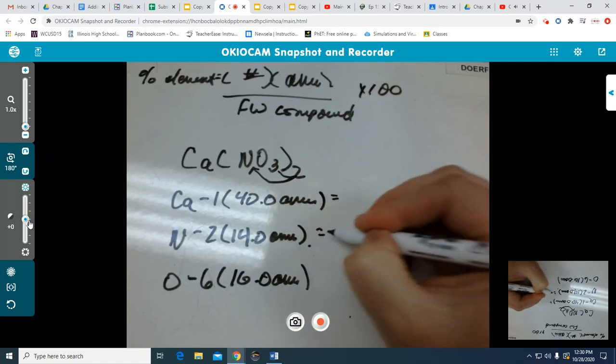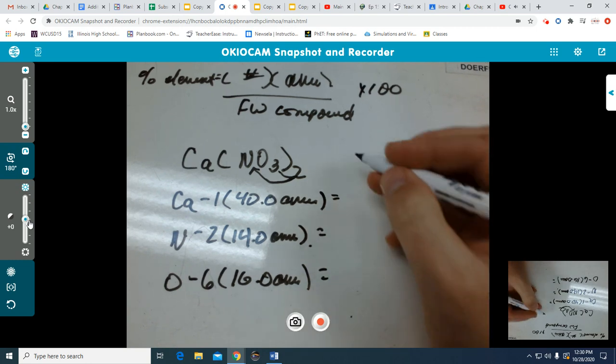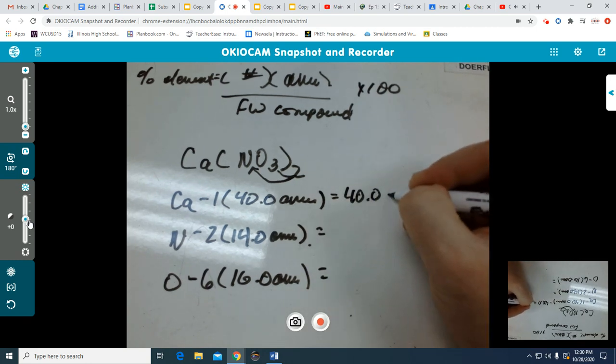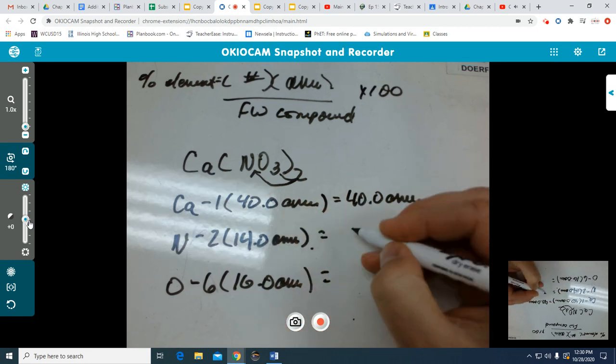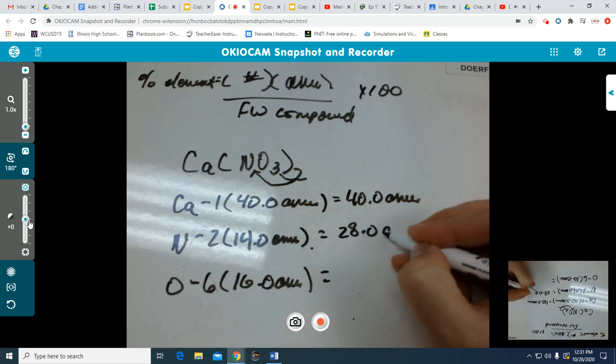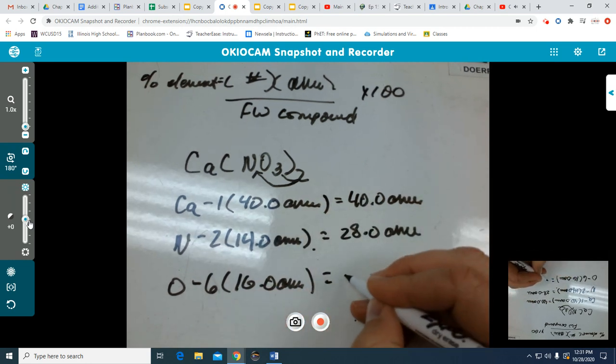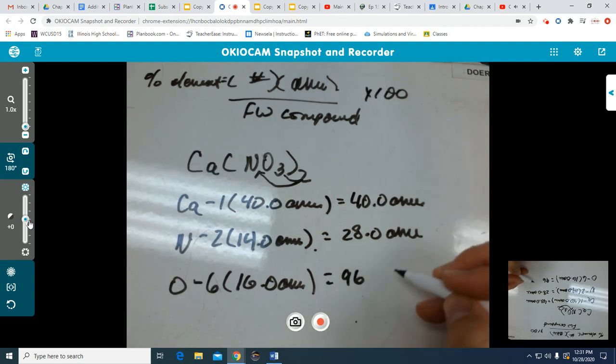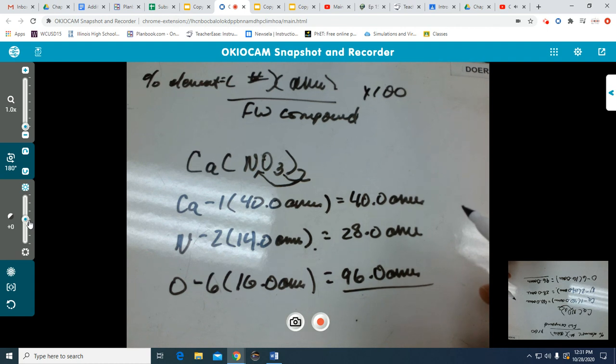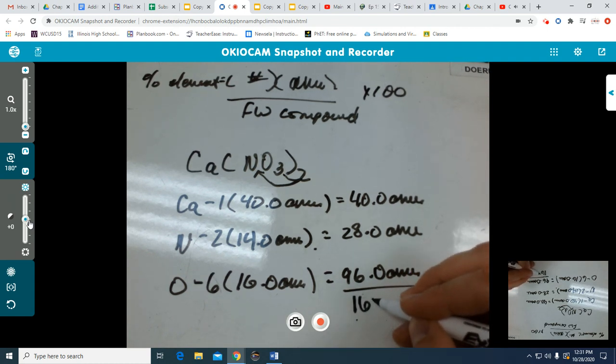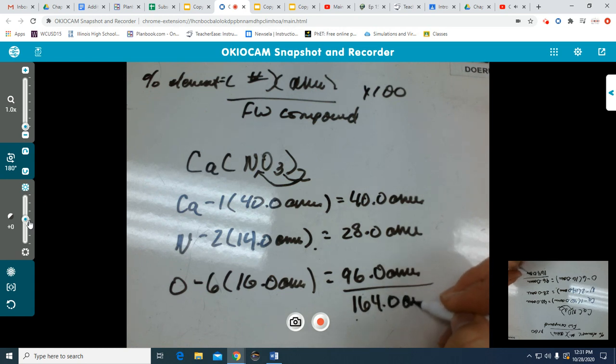So we've got to find the product here first. So this is going to be 40.0 AMU for calcium. For nitrogen, it's going to be 28.0 AMU. And for oxygen, it's going to be 96.0 AMU. Summing these all together, we have 164.0 AMU.